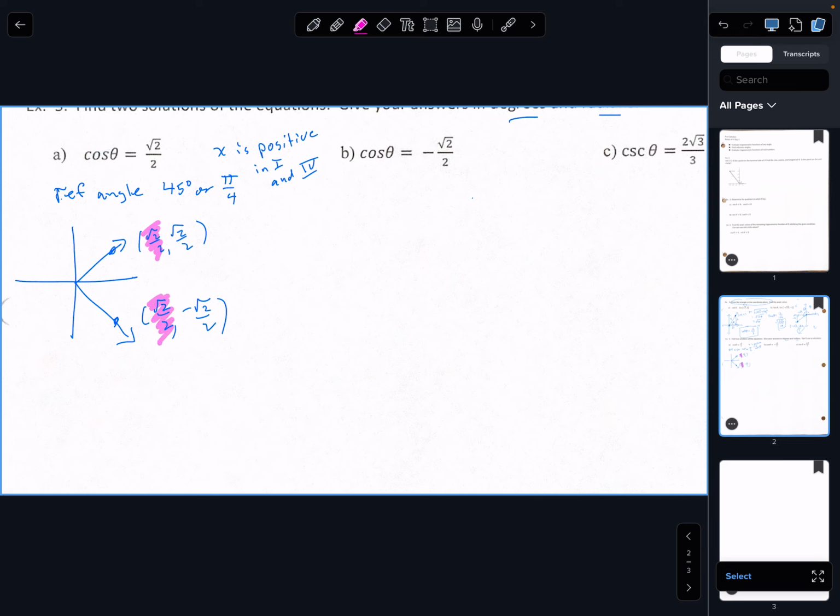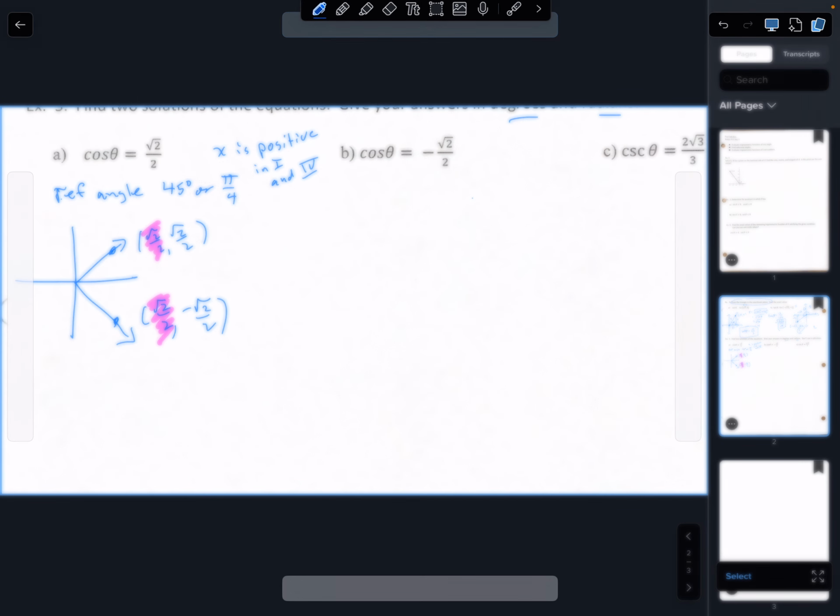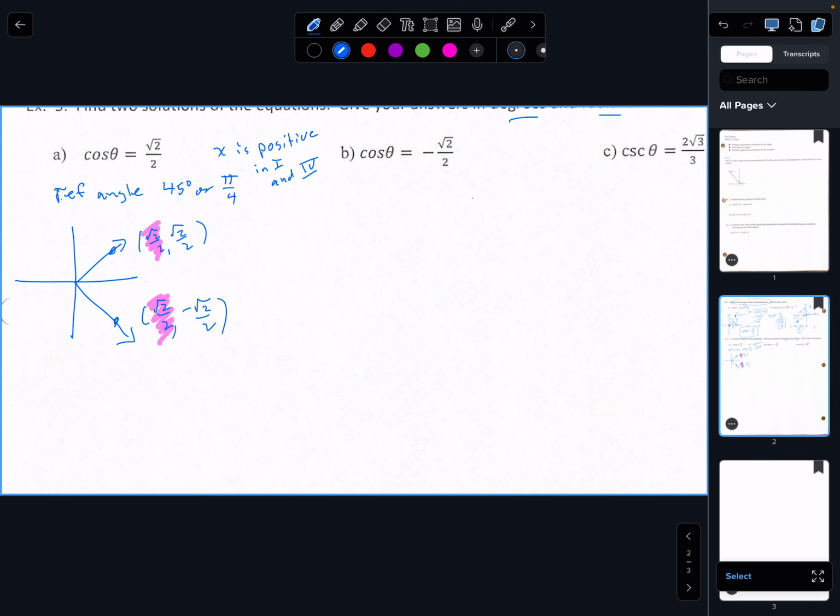So what are those two angles? What is the angle as we rotate to here? It is pi fourths in radians. Or I'm going to say theta is 45 degrees, and you better put the degree symbol on the degree. And then what is the angle as I rotate all the way to here?